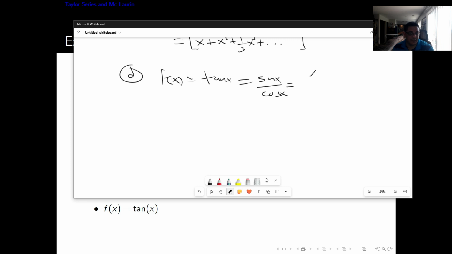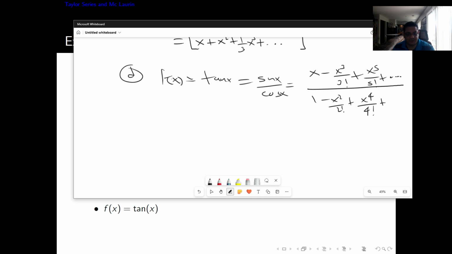Okay, so I have x minus x cubed over 3 factorial plus x to the 5 over 5 factorial plus, and so on, being divided by 1 minus x squared divided by 2 factorial plus x to the 4 divided by 4 factorial.